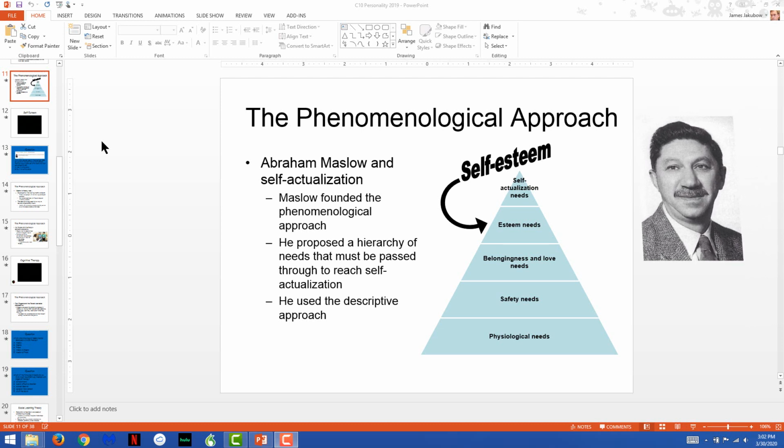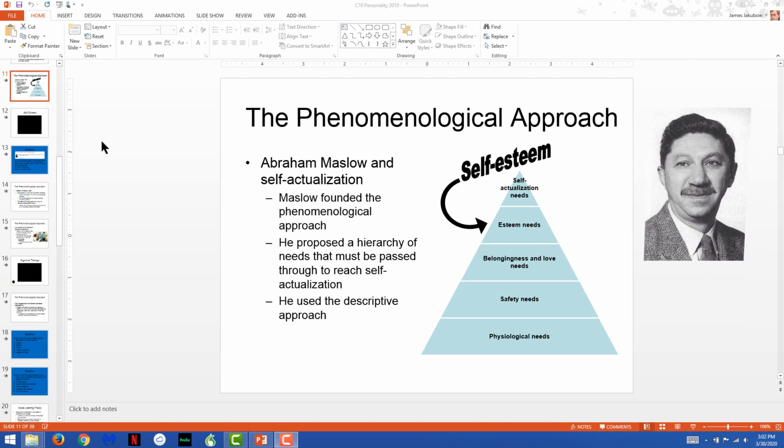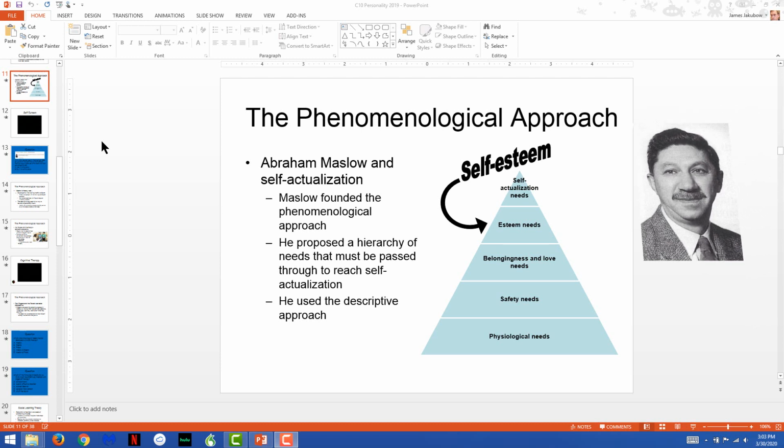The hierarchy of needs was created when Maslow, living at a time when Sigmund Freud was very popular, fell on the side of many other Americans in which he did not like Freud's theories. In fact, even to this day, Freud is a little bit more popular in Europe than he is in North America.